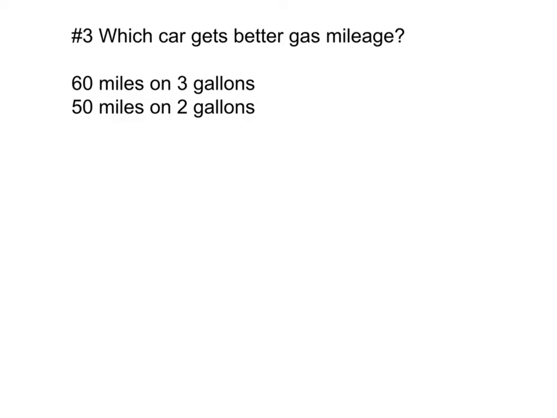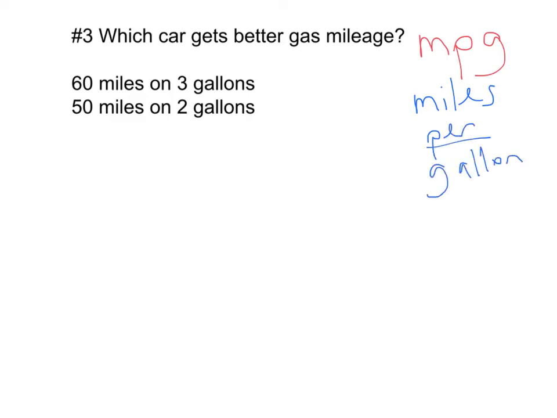So for looking at miles and gallons, for instance, when I'm talking about gas mileage, that is where I'm looking for miles per gallon. They always write it as MPG, but that simply means, again, miles per gallon. You're still using that per. So I set up my ratio tables, miles, and then gallons.